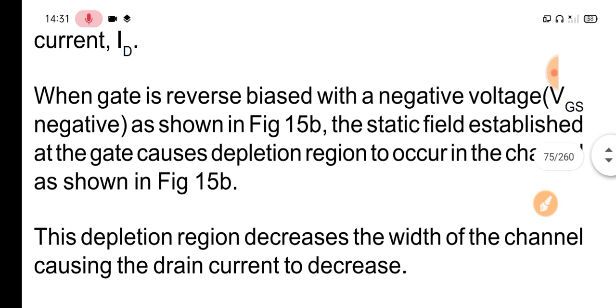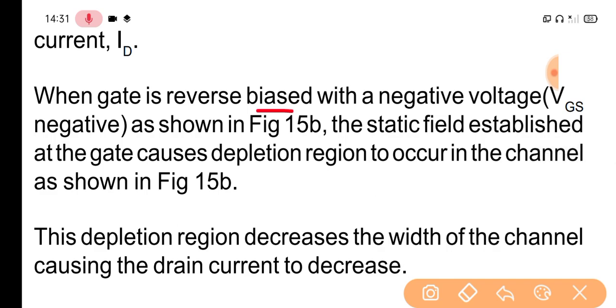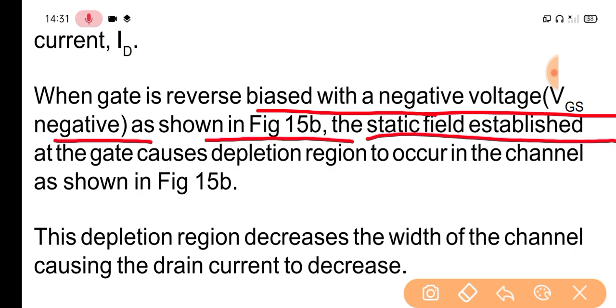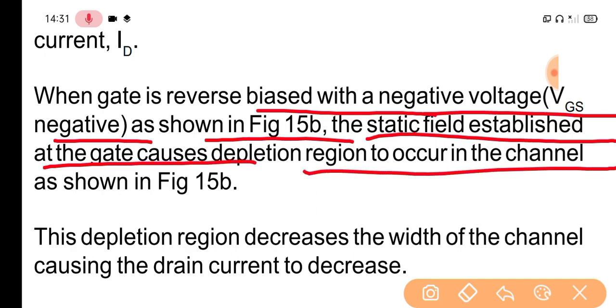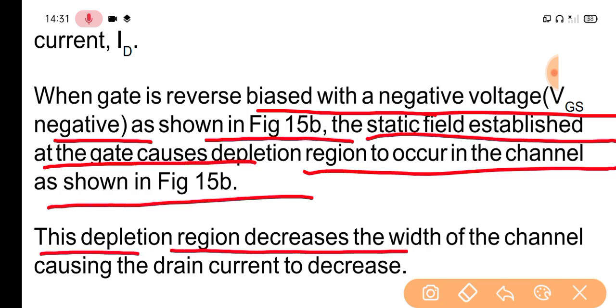When the gate is reverse biased with a negative voltage VGS as shown in picture 15, the static field established at the gate causes a depletion region to occur in the channel. This depletion region decreases the width of the channel, causing the drain current to decrease.